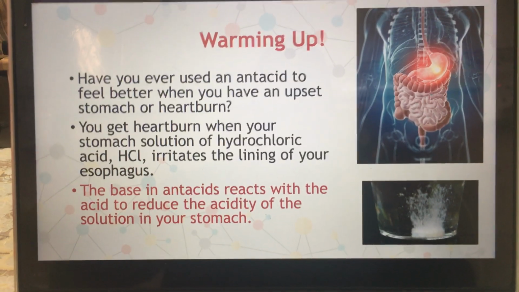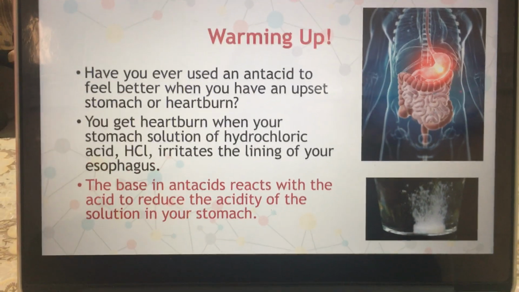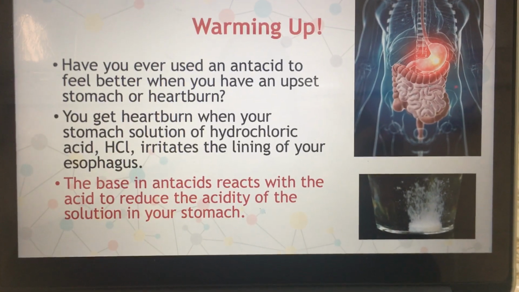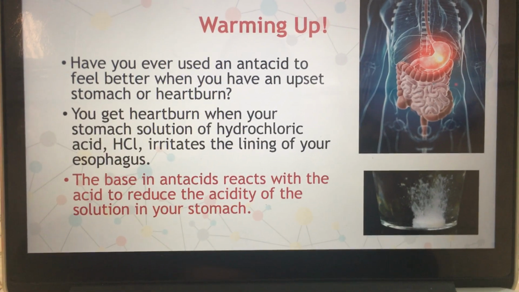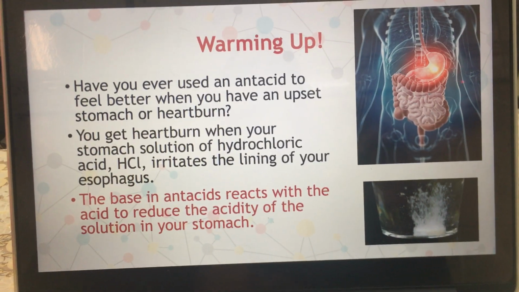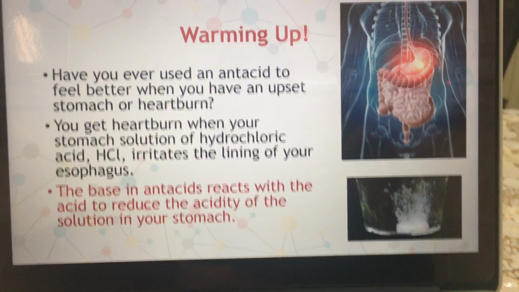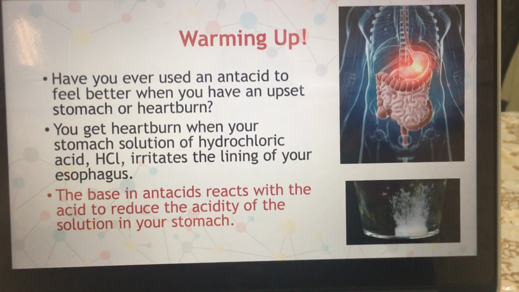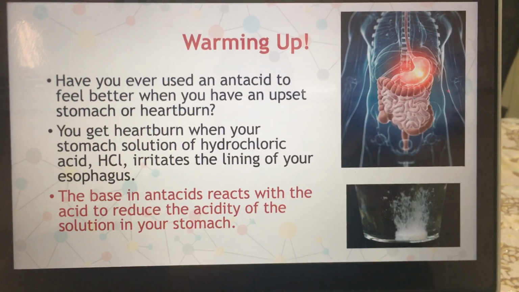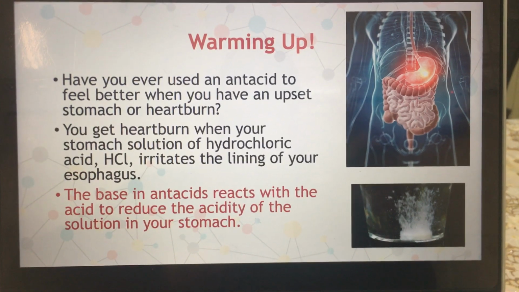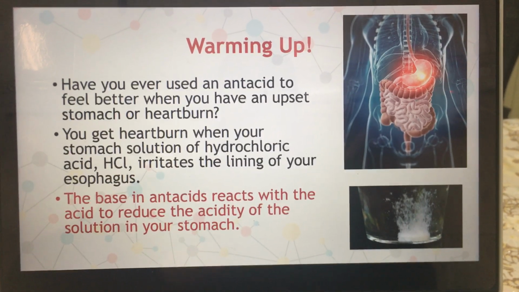Now, if you eat a heavy meal, sometimes after a heavy meal you feel heartburn, just a trouble in your stomach, you feel upset, irritation. What happened? The hydrochloric acid inside your stomach, which helps you to digest food, some of it will move up to your esophagus.